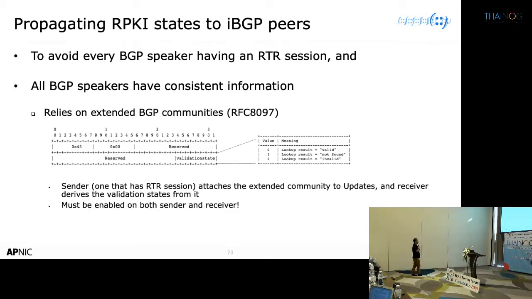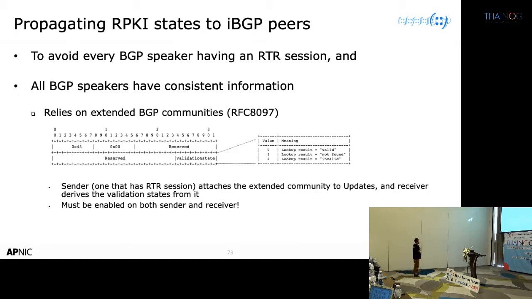The way you do it is that the BGP extended community exists. RFC 8097 mentions this. This is all standard and reserved. The fact that it is 4.3 means it's a BGP extended community, and the last byte is used to mean the validation state for iBGP propagation. If the value is 0, it's valid. If it's 1, not found. If it's 2, it's invalid.